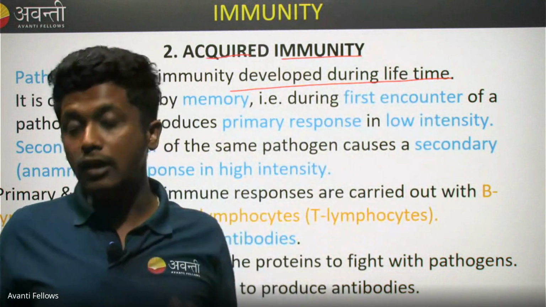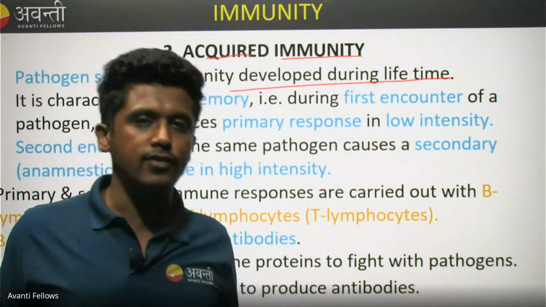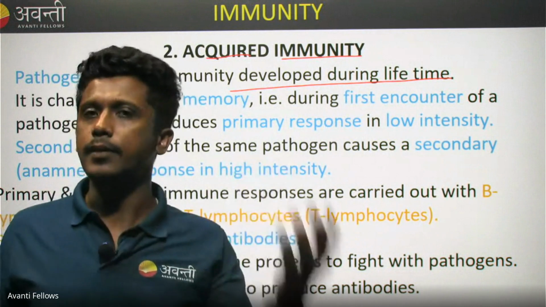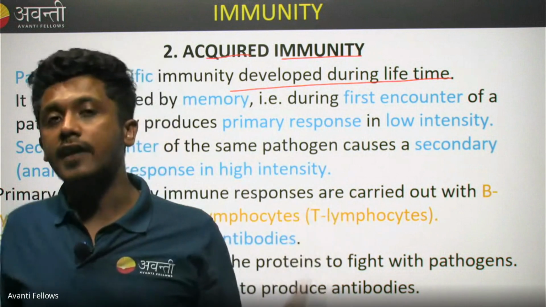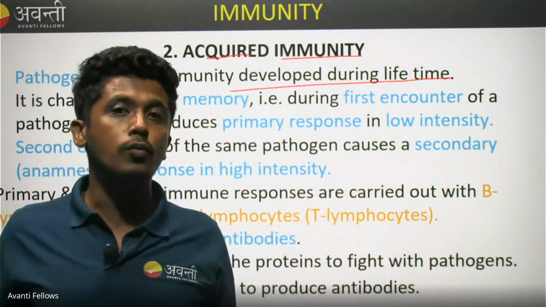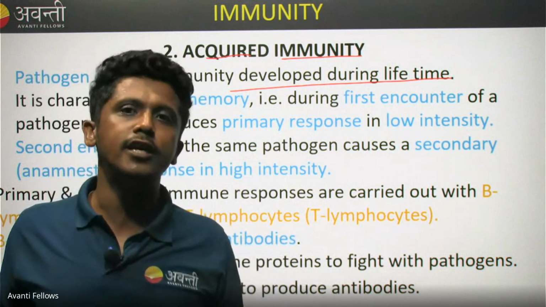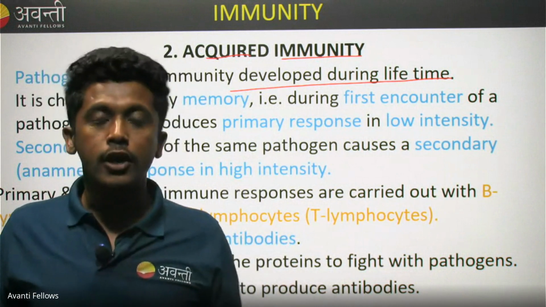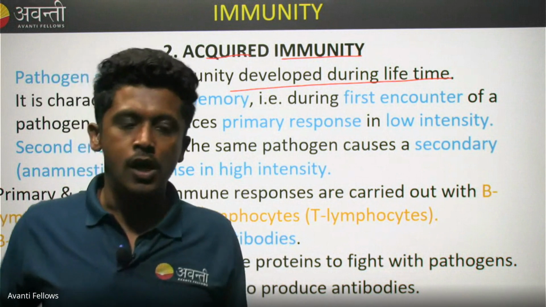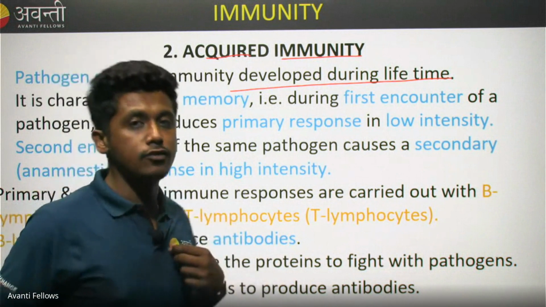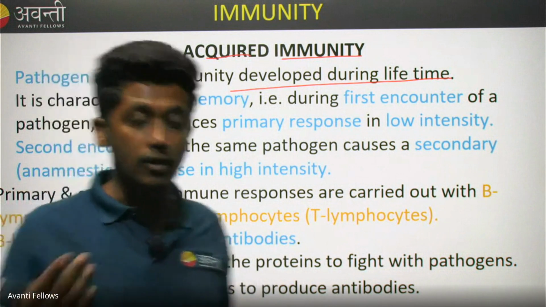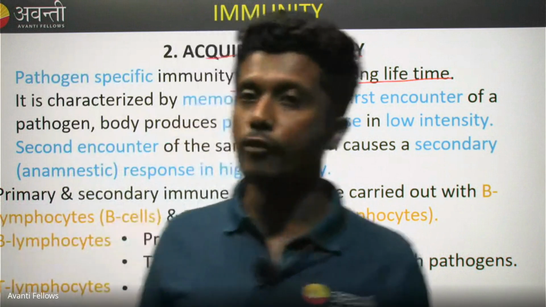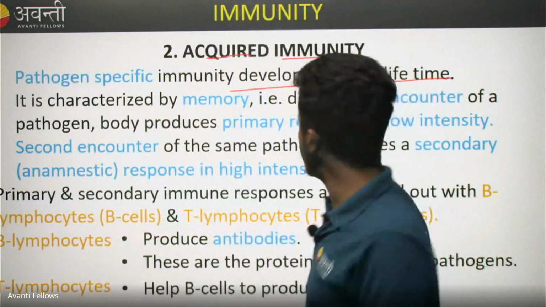When you're constantly exposed to these antigens, sometimes you develop fever, sometimes infections. But gradually, as you grow up, you develop a very strong immunity towards all these agents during the course of your lifetime. This building up of the capability to prevent infection, because you already have experience of it, is called acquired immunity.